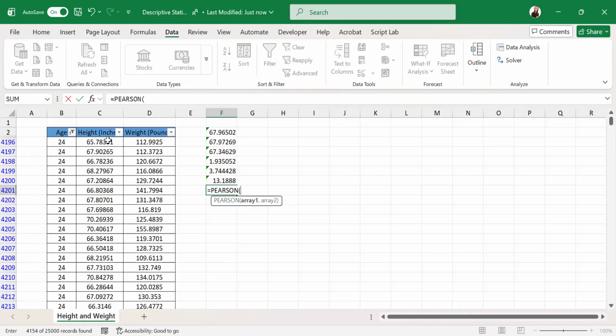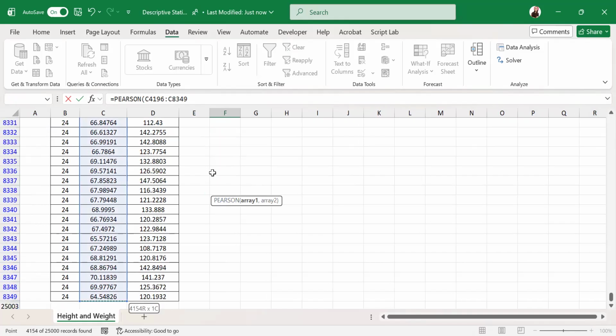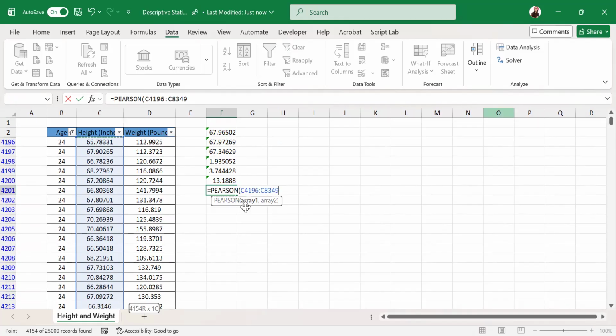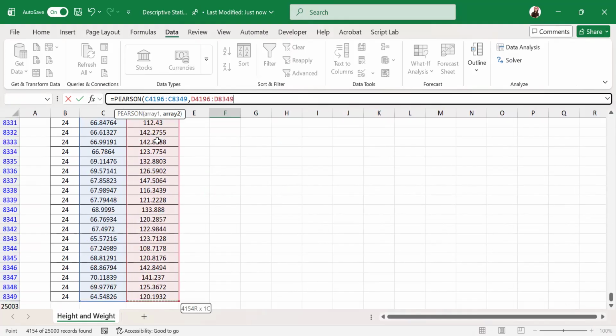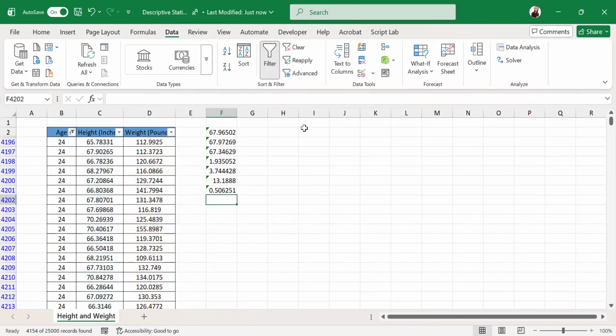In this case, I'm only going to be talking about age 24 since I already have it filtered. So this is my first variable, which is my height, and I want to compare it to the weight to see if there's a relationship between the height and the weight. Okay? So right here it's giving us a 0.5.